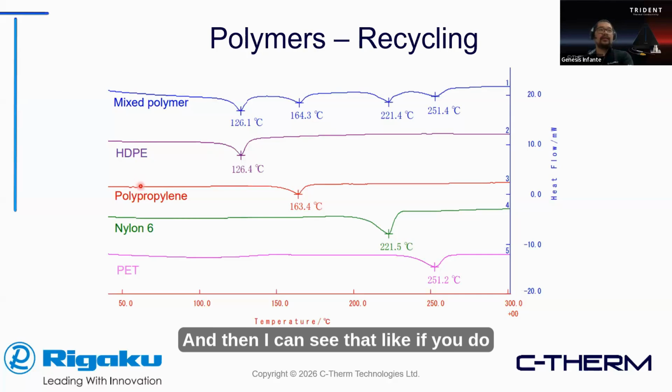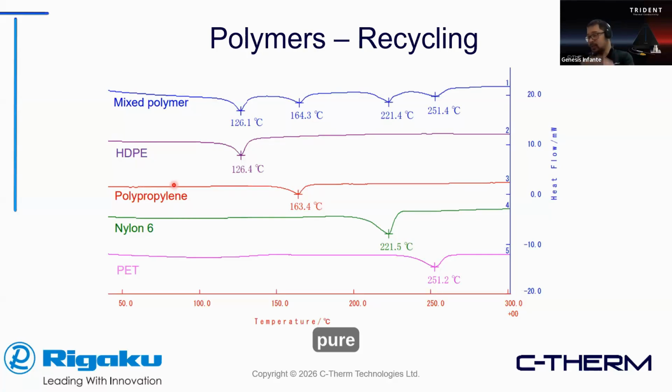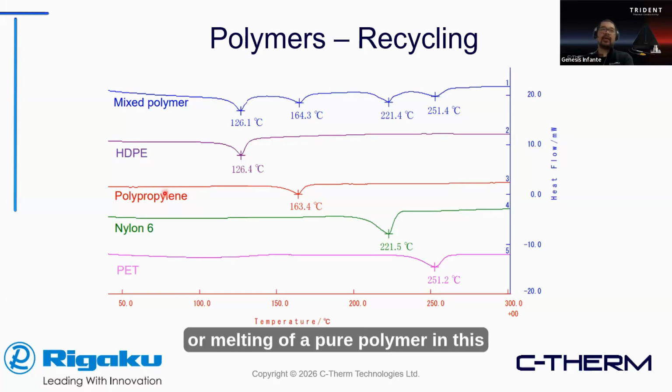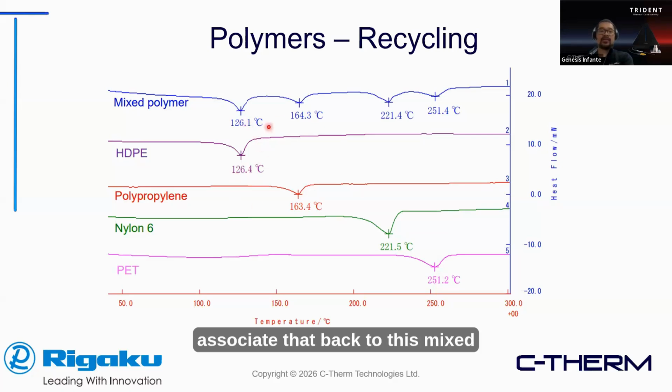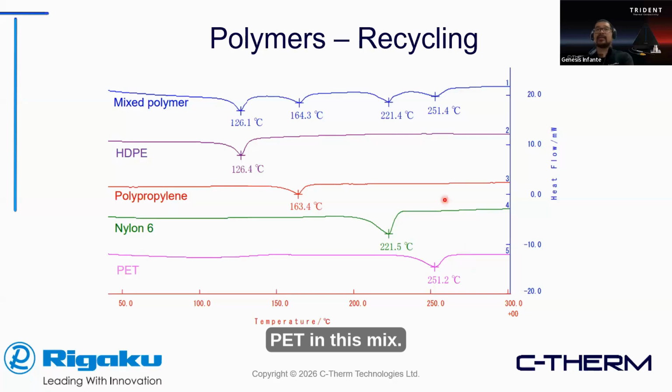And then if you do DSC testing or melting of a pure polymer, in this case HDPE, polypropylene, nylon 6, and PET, you can see that these are its specific melting temperatures. And then you can associate that back to this mixed polymer and identify that, oh yeah, I have this much HDPE, I have this much polypropylene or nylon or PET in this mix.